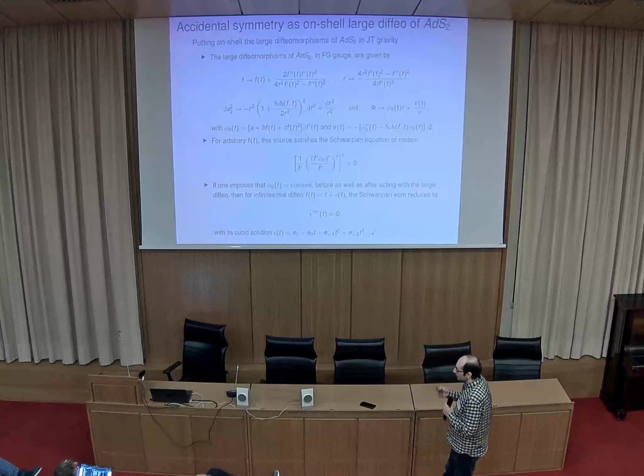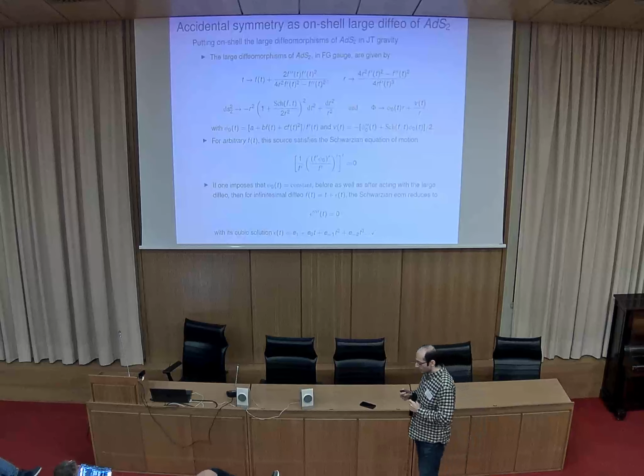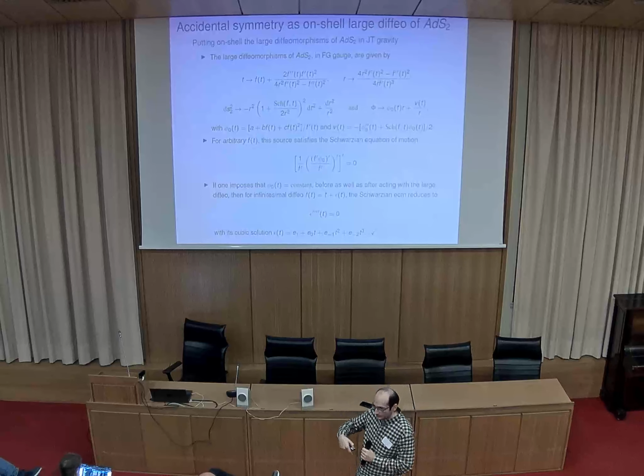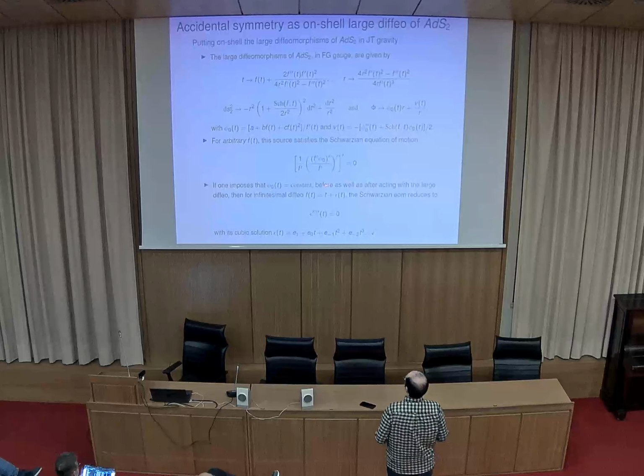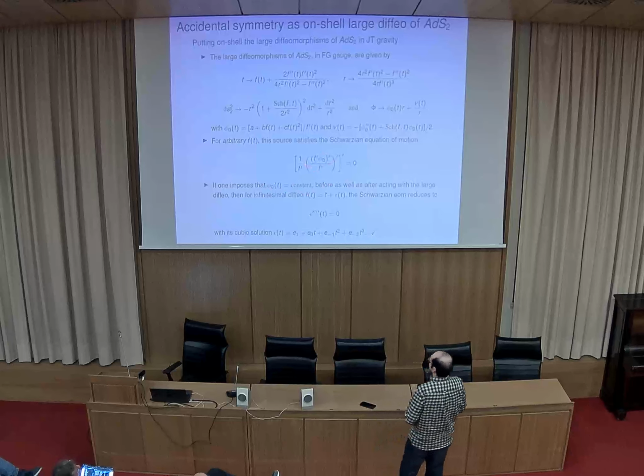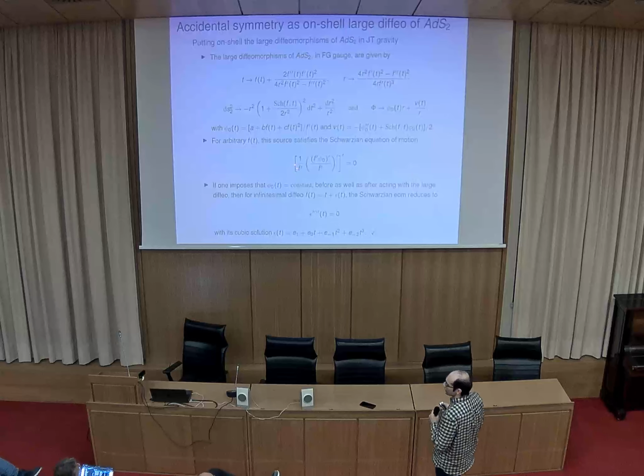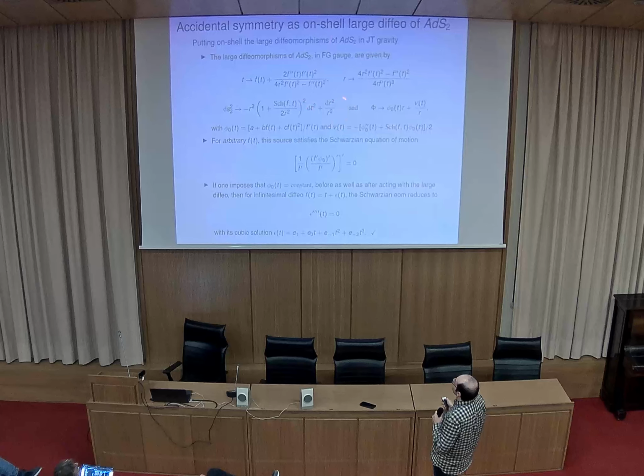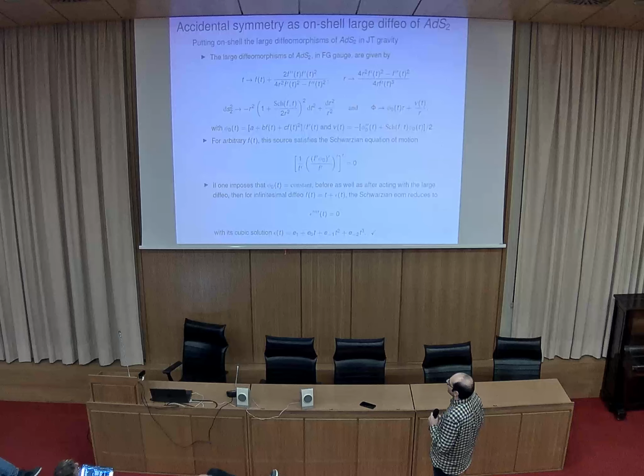Why am I saying that putting the large diffeos on shell is to transform them into accidental symmetries? Well, the reason I'm saying that is because the way to turn this into an equation for f of t, for the large diffeos, is to consider that, say you started with an original solution that had phi equals 2r, so phi naught was constant. You do this large diffeo, but you pull it back, and you still insist that phi naught after the transformation is still a constant.